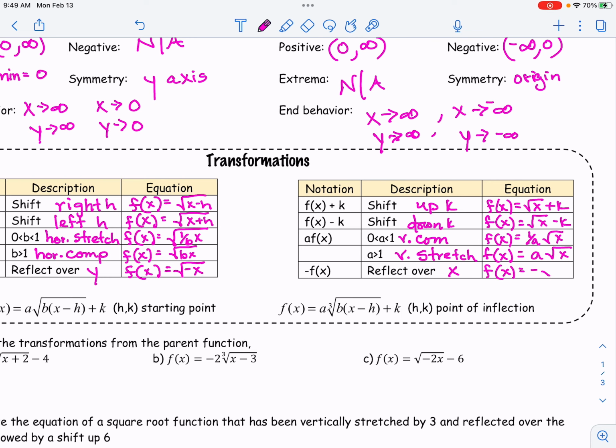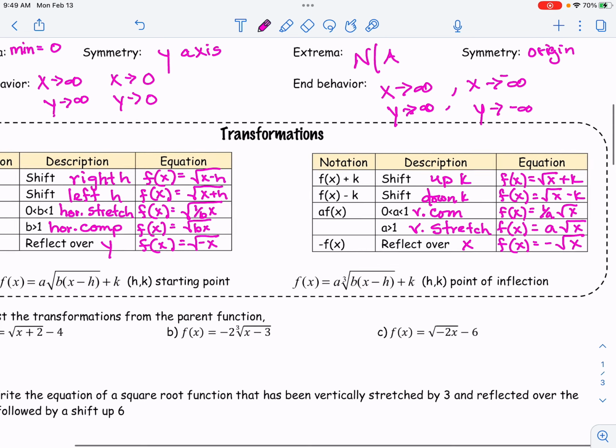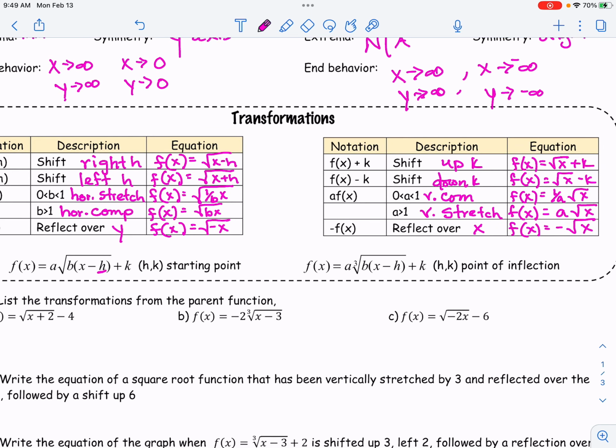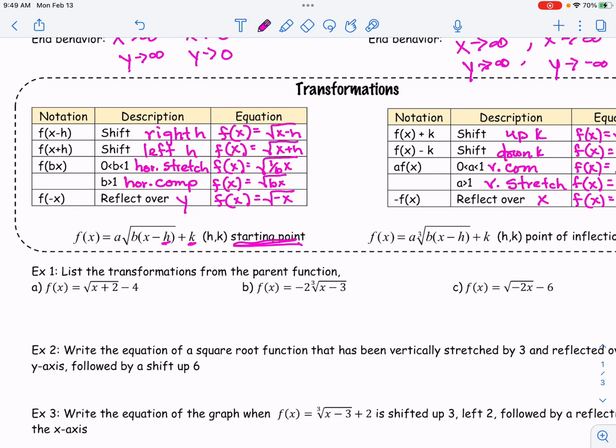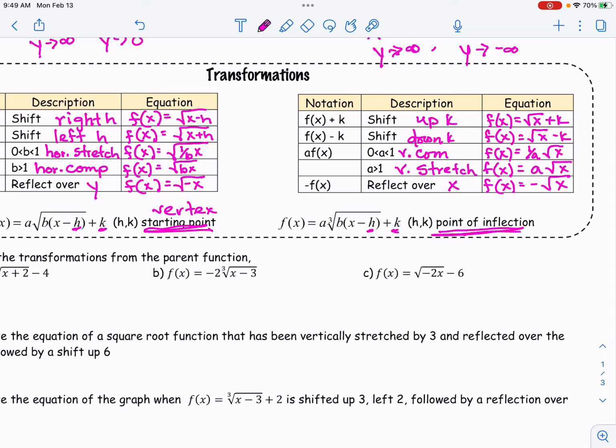And it would look like this in your equation. Your h, k in a square root is your starting point. That's your vertex. In a cubic, your h, k is your point of inflection, which means that's where the graph is going to bend.